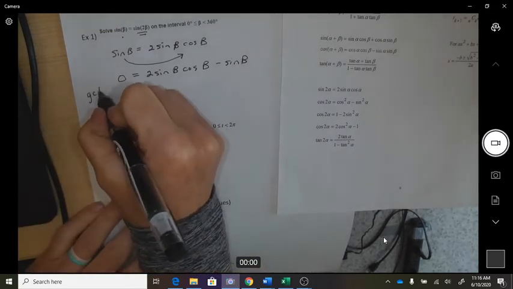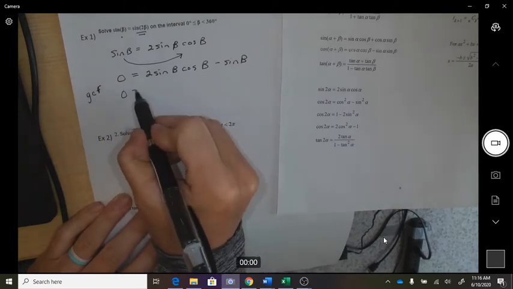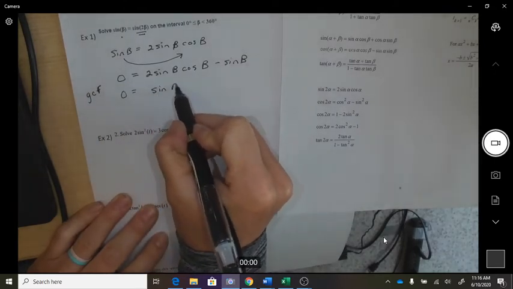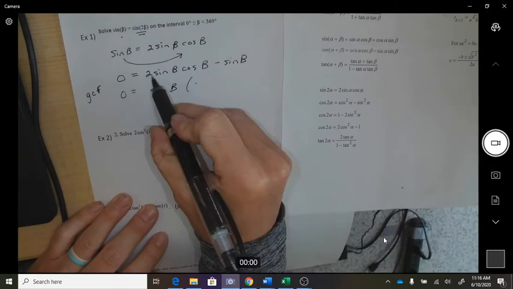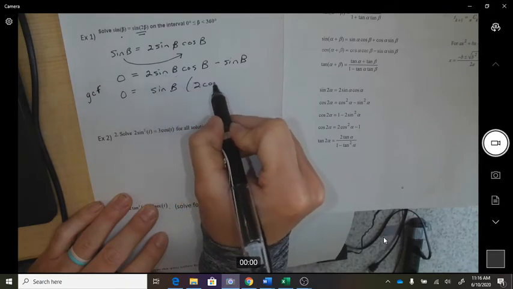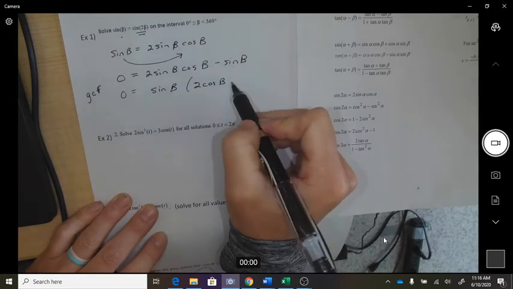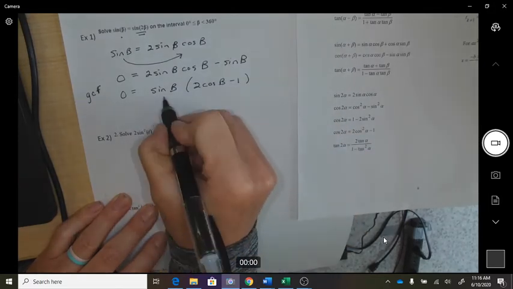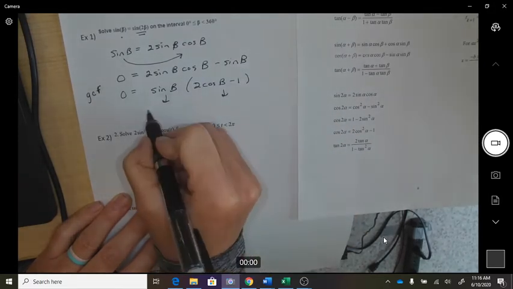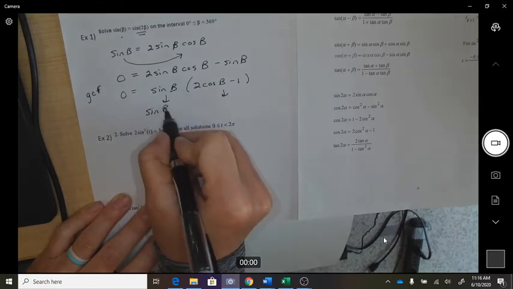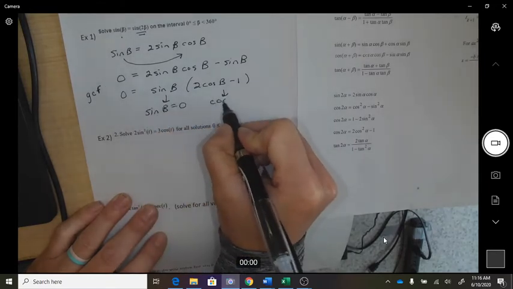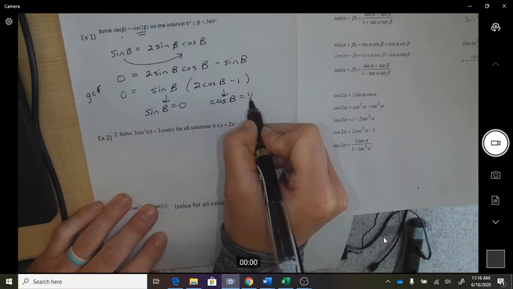This is a GCF. So I'm going to take out a sine b, and I would get 2 cos b when I divided by sine b, and if I divide this by sine b, I get 1. So now, to solve, this would have to be 0, and this would have to be 1/2.